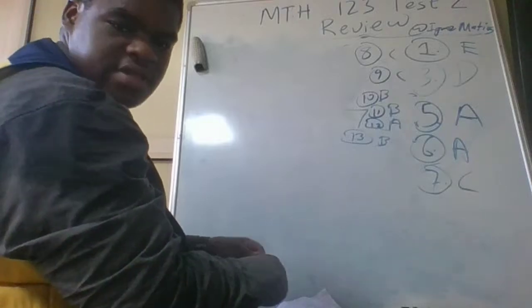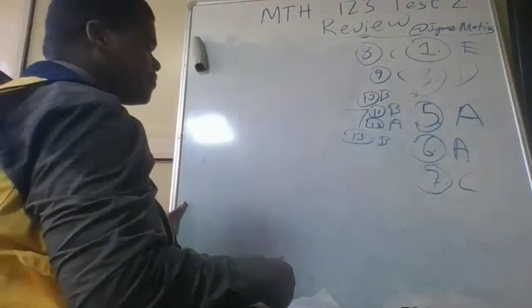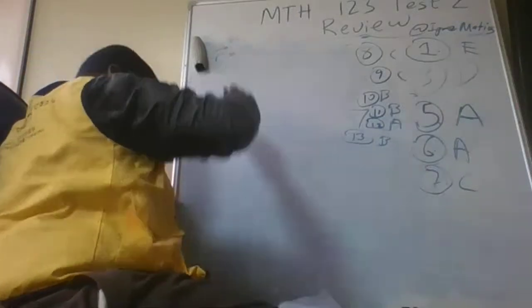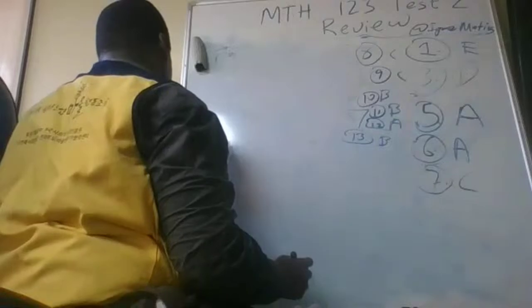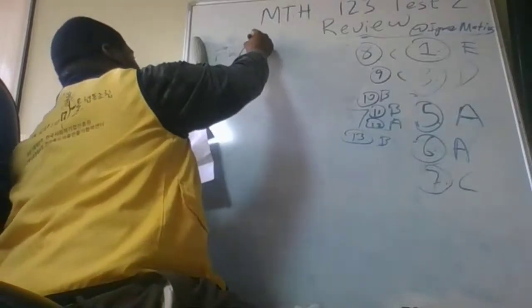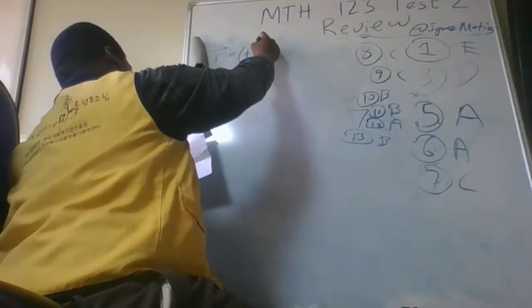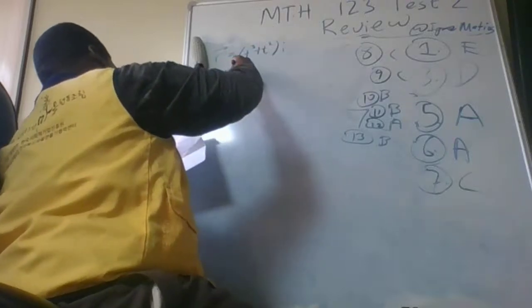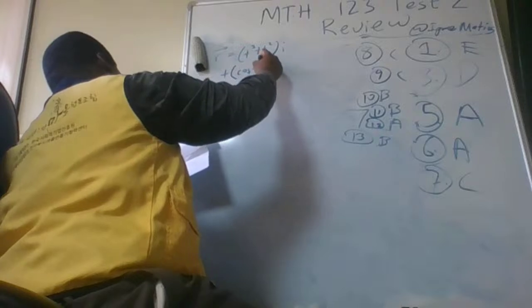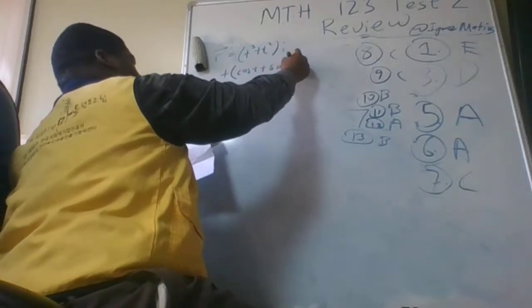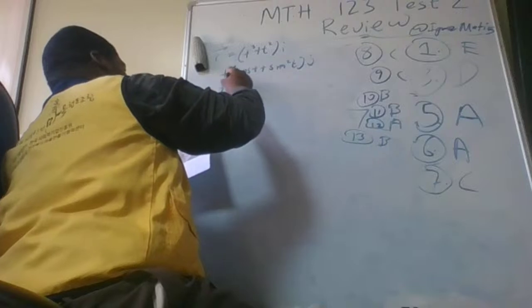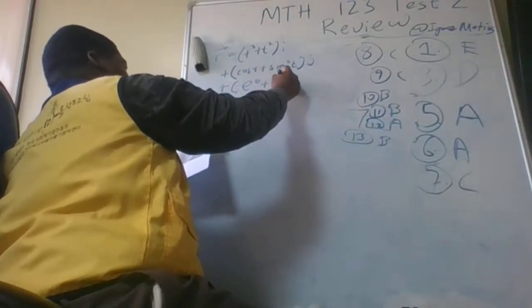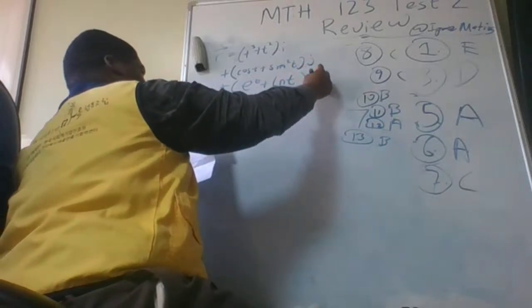Okay, for this question, we are given our vector R. Our vector R is equal to t to the power of 3 plus t squared i, plus cos t plus sine squared t j, plus e to the power of t plus ln t k.